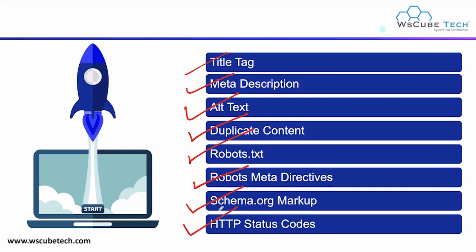So these all are the important on-page SEO factors. So we have to work on all these factors just to optimize your website for on-page optimization.